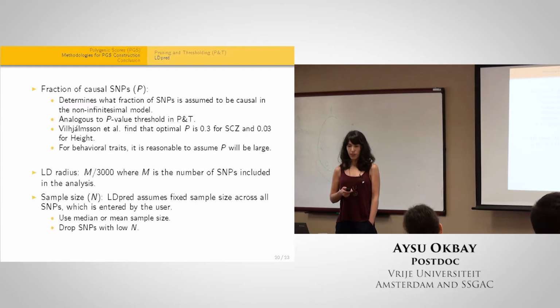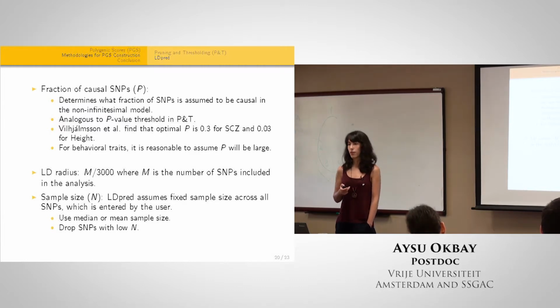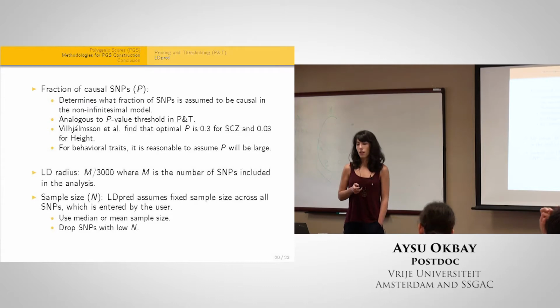So you also need to enter an LD radius. This is also analogous to the LD window in the pruning and thresholding. They suggest the number of SNPs included in your score divided by 3,000. And you also have to enter the sample size of your discovery GWAS. So you only enter one sample size.